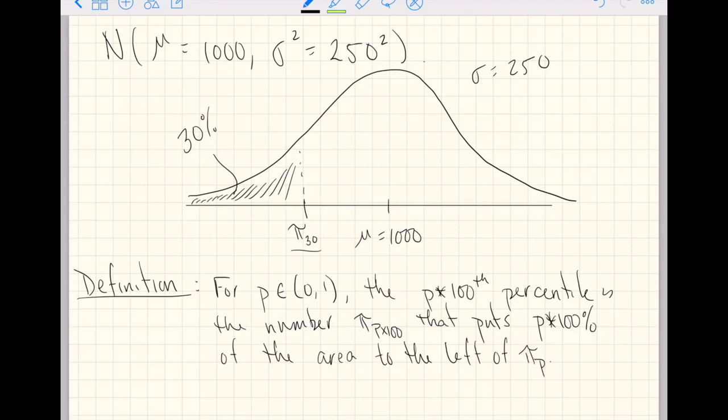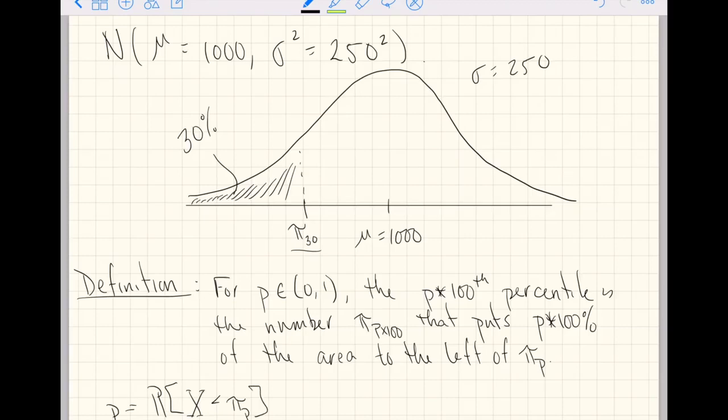So the definition in words is really not that helpful. I think the picture acts as a much better guide for what this thing is doing. Similarly, we could write this out in symbols by saying p is the value equal to the probability from your random variable less than pi subscript p.